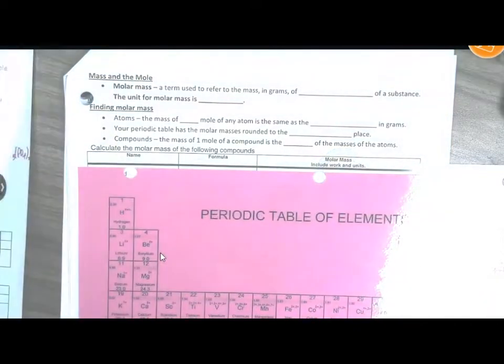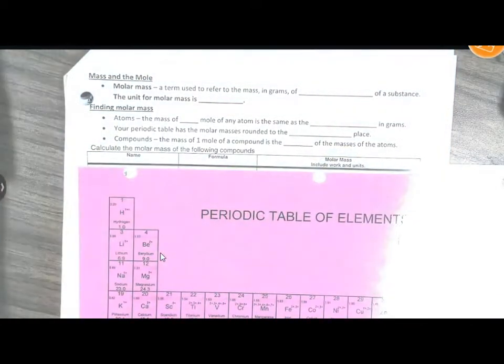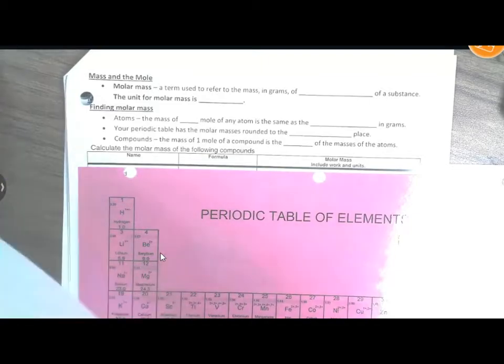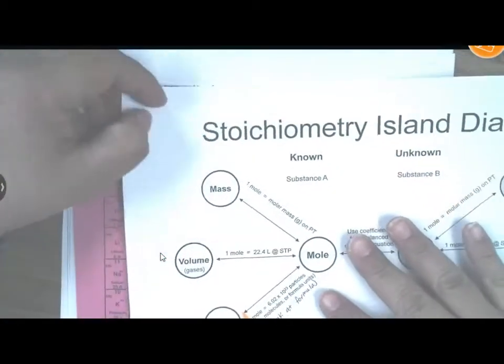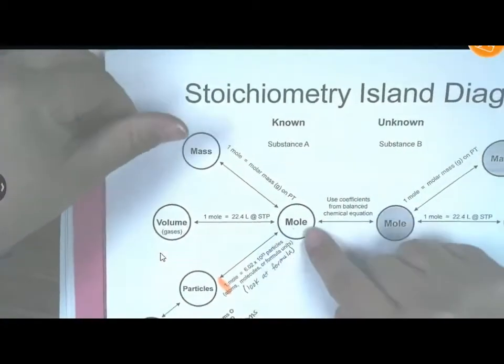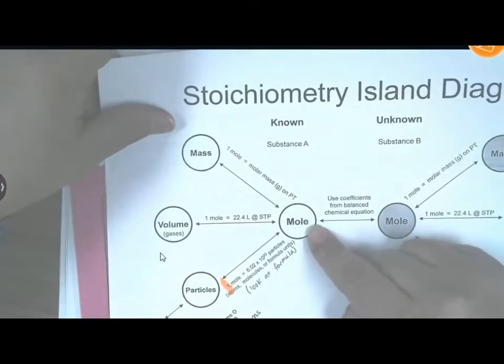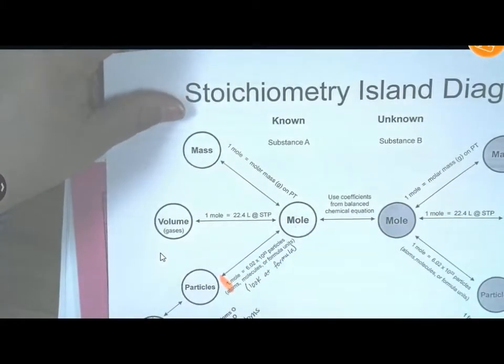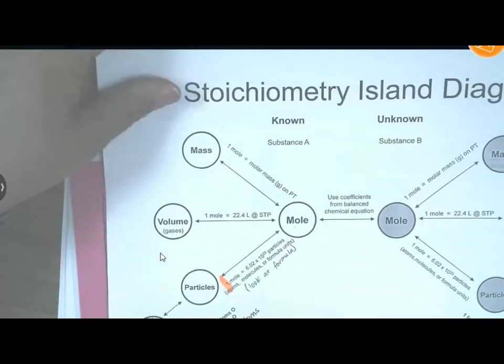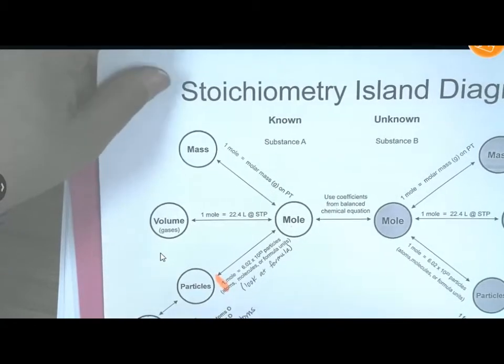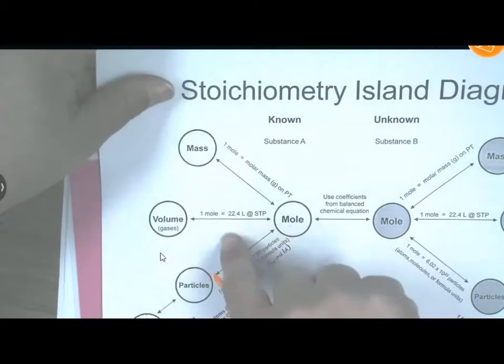So we are looking at molar mass today. When it comes to molar mass, it is going to be very helpful when we look at our stoichiometry island diagram. Moles are really nice to deal with because that's what coefficients represent when we have balanced equations. But the reality is that we don't look at particles.